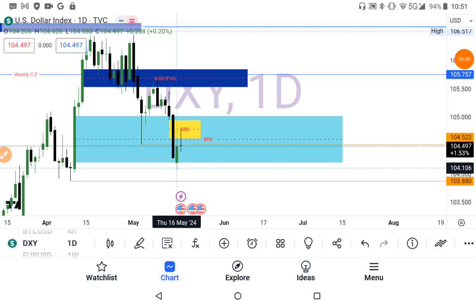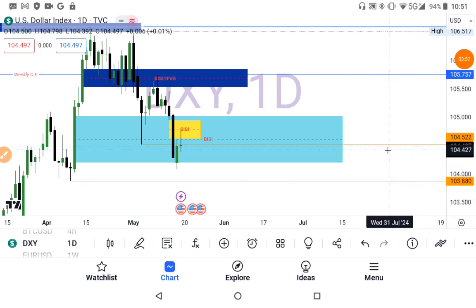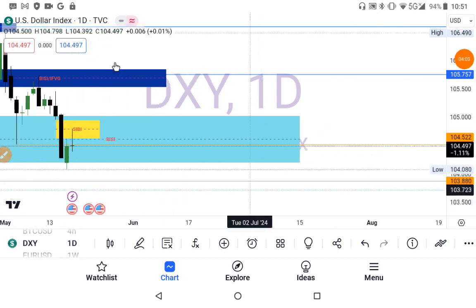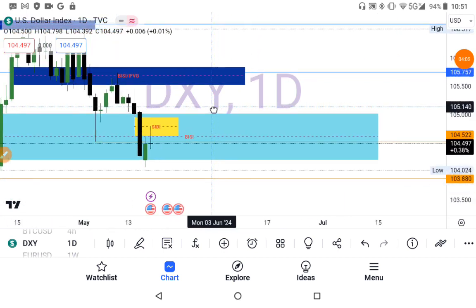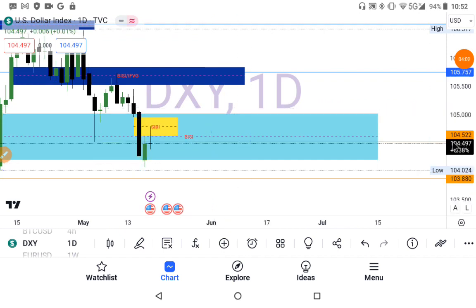Personally, I'll be watching 103.880 the coming week, as long as the price closes below 104.522. 104.522 is expected to serve as a resistance to the market in order to deliver 103.880.